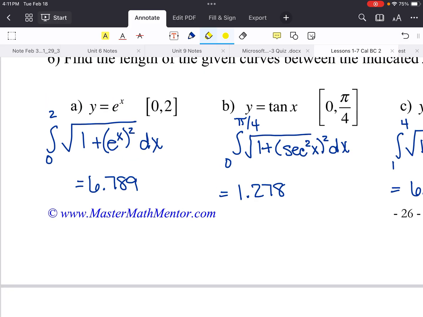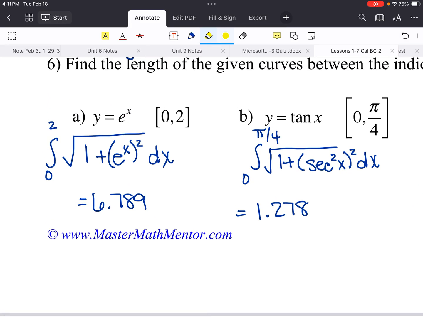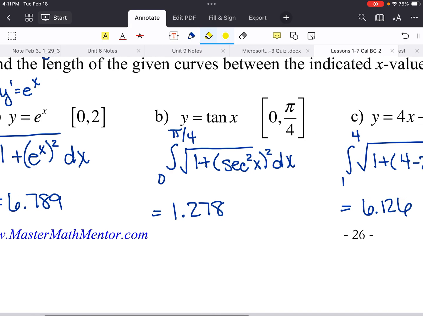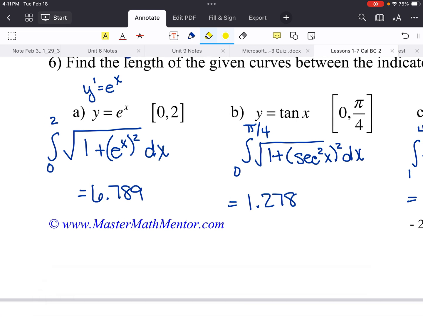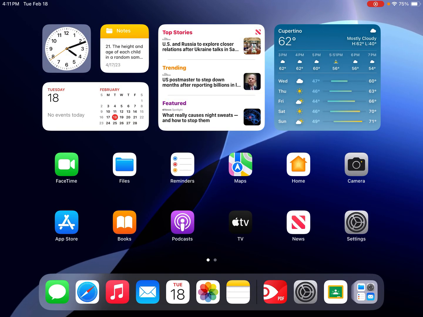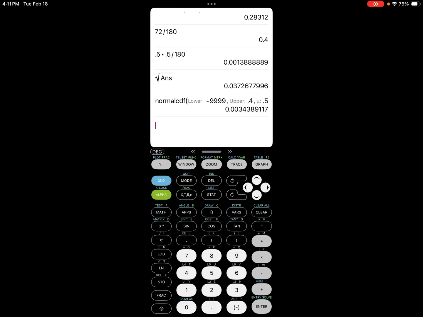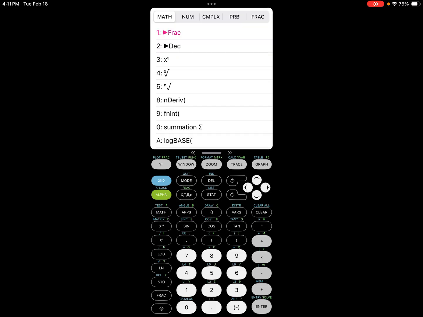So if the function is e to the x, the derivative of e to the x is itself. So we have square root of 1 plus, and then there's our derivative squared. And then you just go to the calculator and you type this in. So, let me open my calculator. You go to math and you choose number 9.